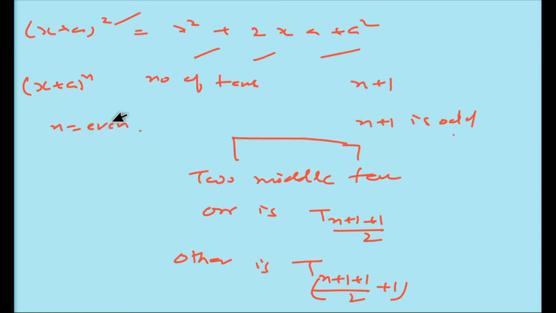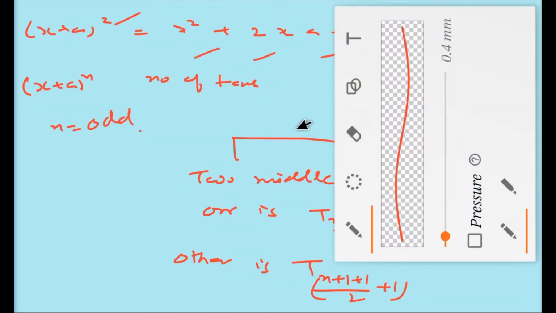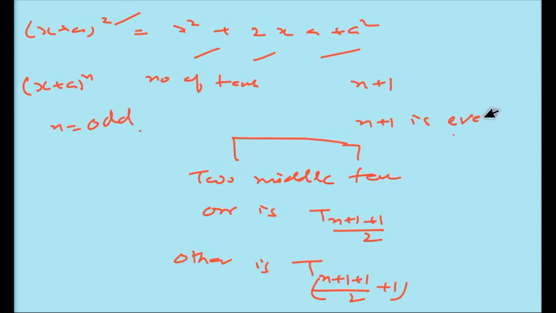So we should write here: if n is odd, then n plus 1 is even, then 2 middle terms. If it is even, then 2 middle terms.